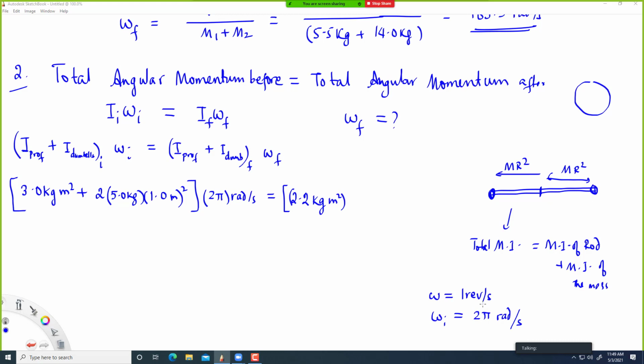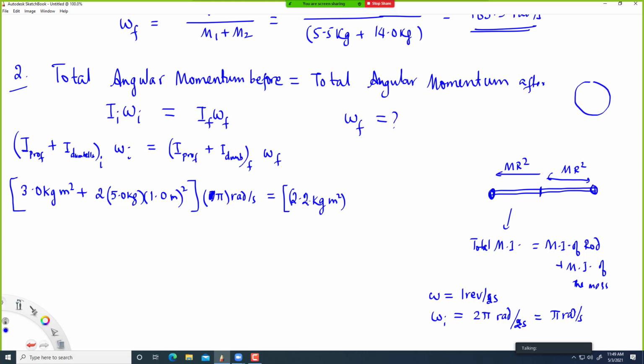It says 1 revolution in 2 seconds. So on the bottom it's 2 seconds, so that should be pi radian per second, because it makes 1 revolution every 2 seconds. So 2 pi over 2 seconds. Thank you for pointing that out.